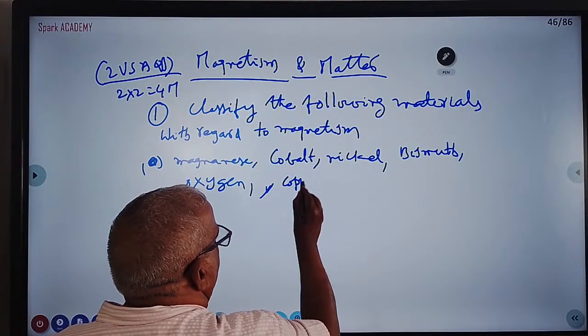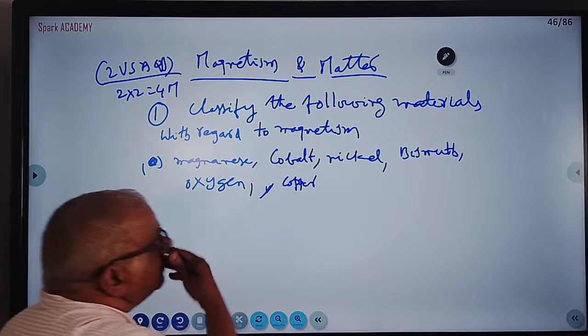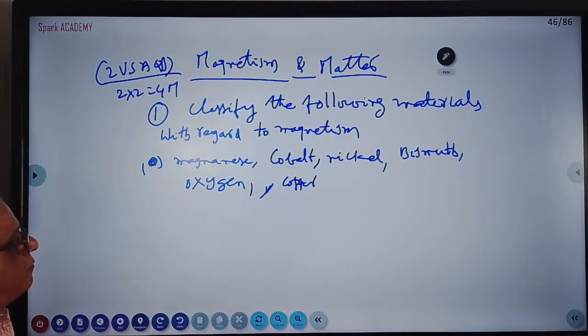So we should remember these for magnetism.